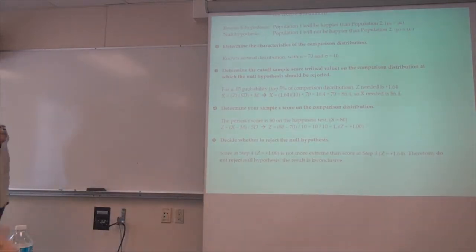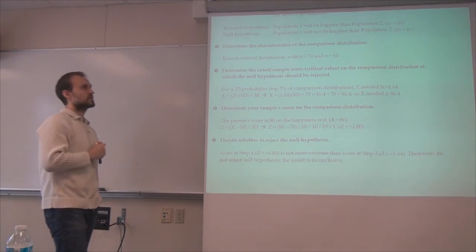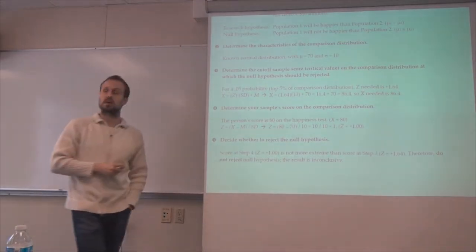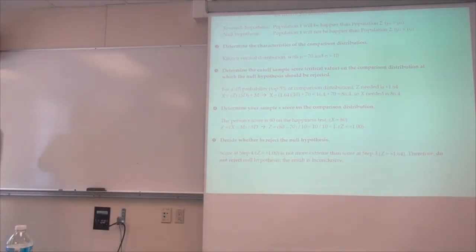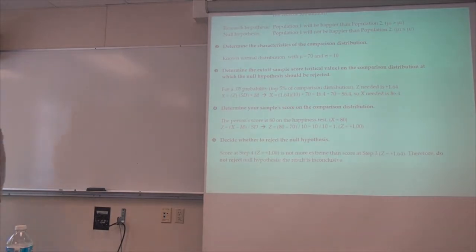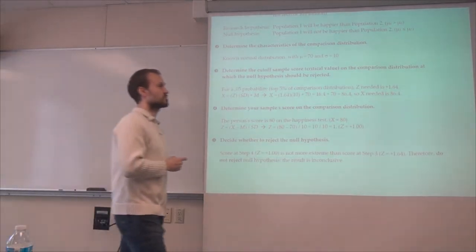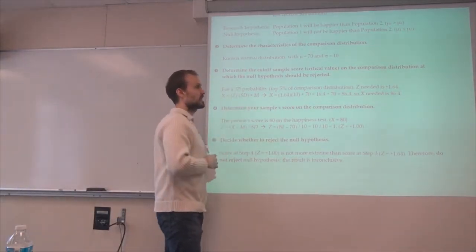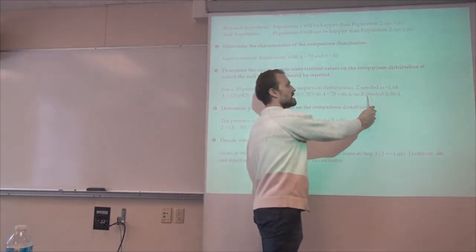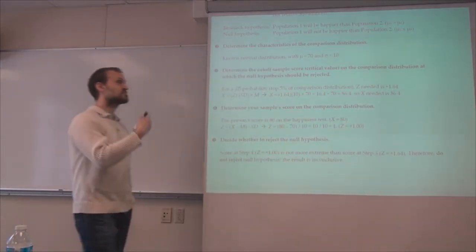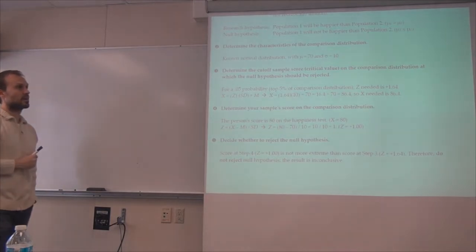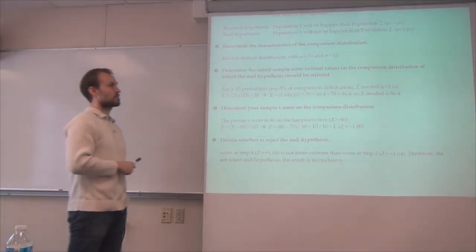So in order for me to say, yes, there is evidence to suggest that those people are significantly happier, I would have to get to a Z value of 1.64. It has to be within this 5%. In other words, I have to see a happiness score of 86.4 or above.